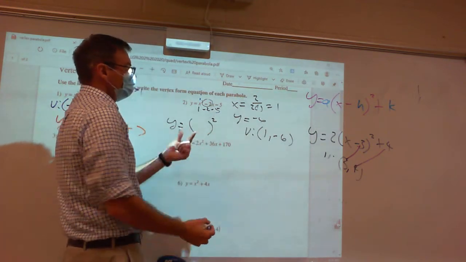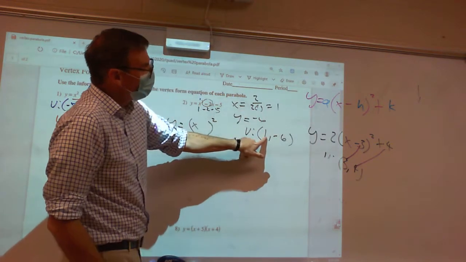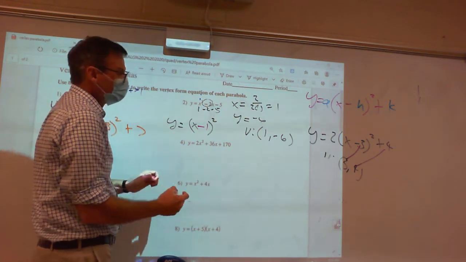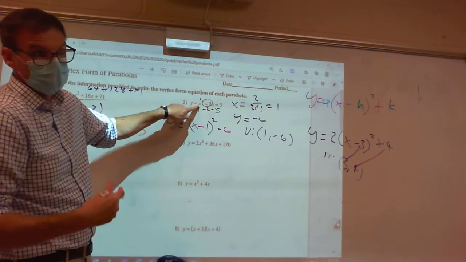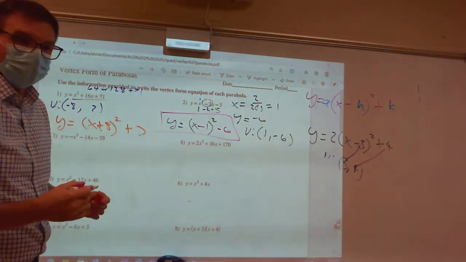Well, what goes here? We know there's an x. If I want a 1 here, that means I need a negative 1 here, and I need a minus 6 on that side, and the number in front of this is a 1, and so I've got my answer. Okay?